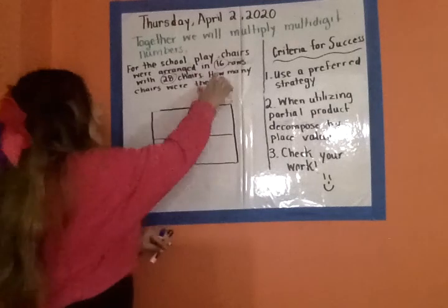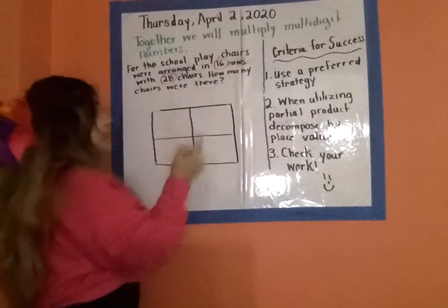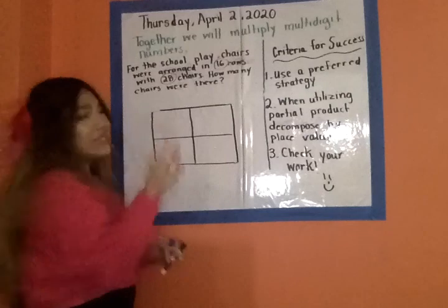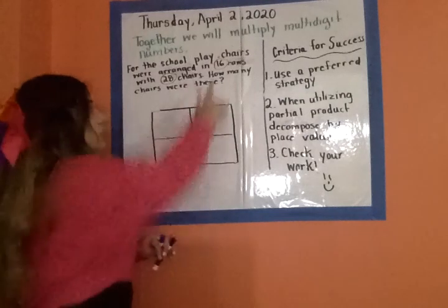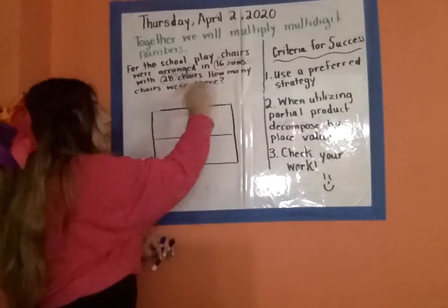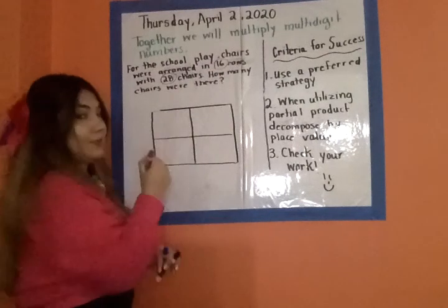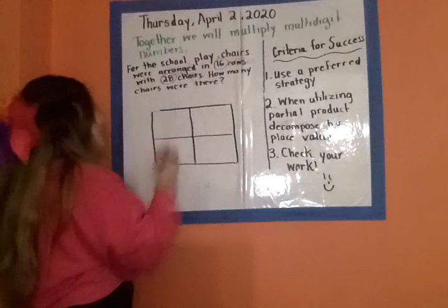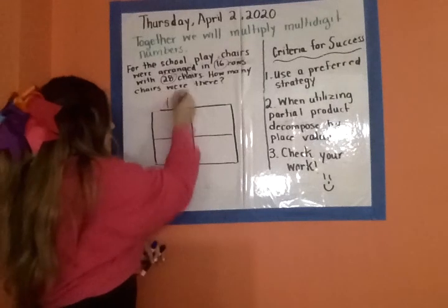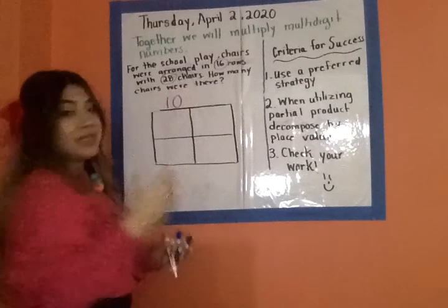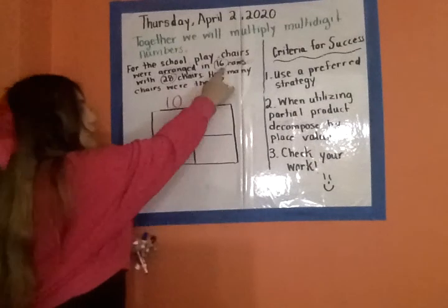And so if I'm decomposing the number 16, I'm going to think to myself, well, what is the value of the digit 1? And so the value is, think with me, yep, 10. And now I'm going to think to myself, well, what is the value of the number 6?